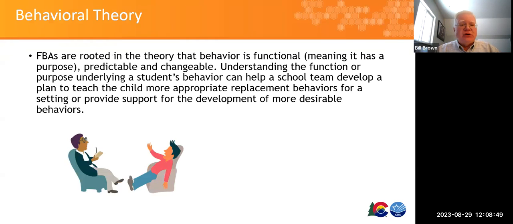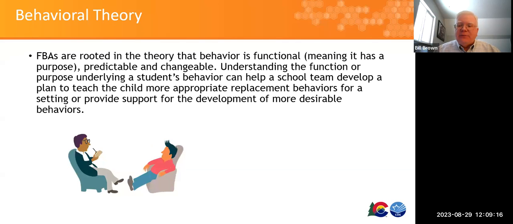First, we're going to start with behavioral theory. Behavioral theory is rooted in the context that all behavior is functional. It's predictable and changeable. Understanding the function is what helps us develop the behavior intervention plan. Knowing the function is knowing the purpose of the behavior. Another way to think about it is we all benefit from our behaviors in some way, shape, or form.